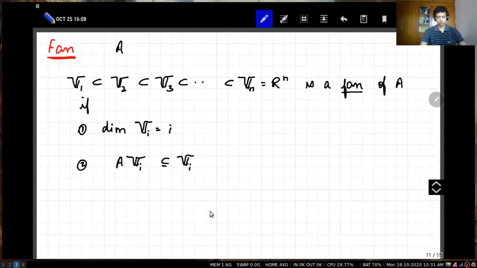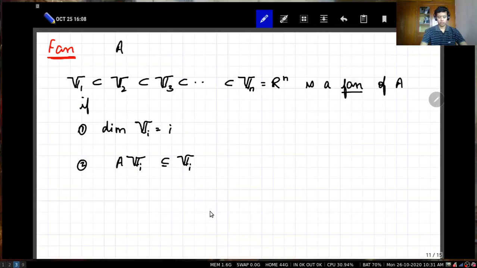And to understand this concept, we introduce the notion of a fan. Suppose that we have a linear transformation represented by a matrix A. Then we say that a sequence of subspaces V1, V2, V3 up to Vn, which are subspaces of Rn, where V1 is a subspace of V2, V2 is a subspace of V3, and so on, is a fan for A if the following two properties hold.